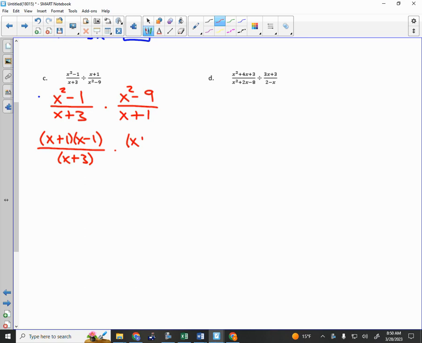And then x plus 3 times x minus 3 over x plus 1. X plus 3's reduce, x plus 1's reduce. I'm left with x minus 1 times x minus 3.